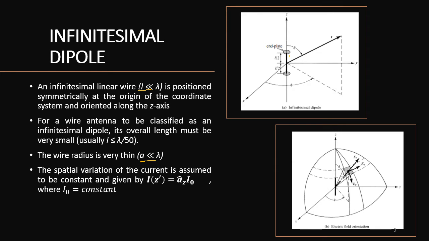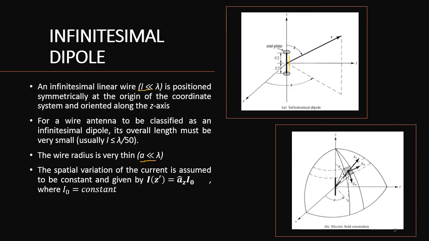In practice, the infinitesimal dipole or infinitesimal linear wire is not practical, but it is used to represent a capacitor plate, which provides the capacitive loading to maintain a linearly uniform current along the dipole structure.